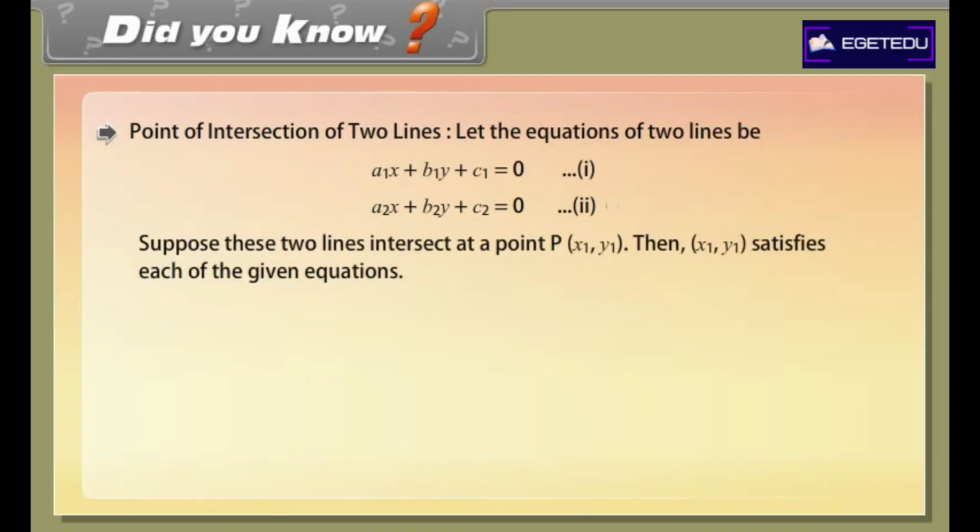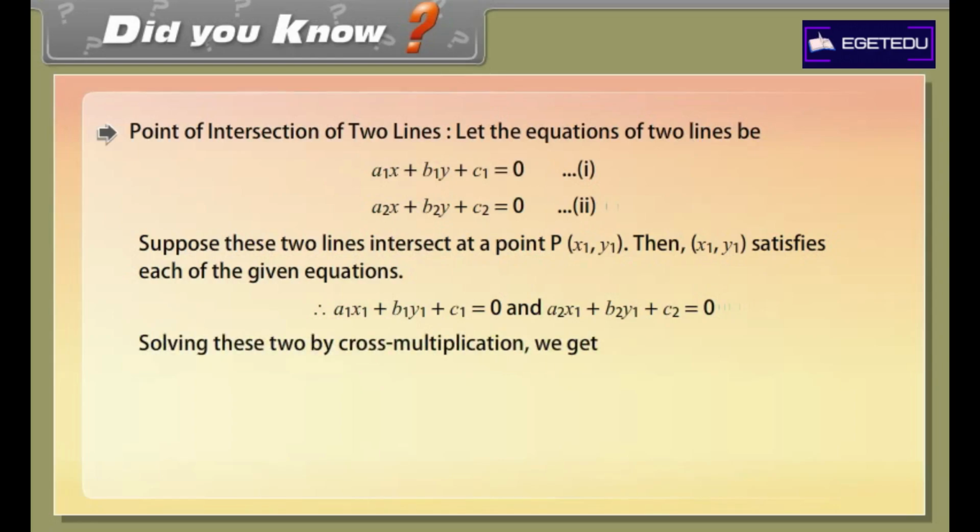Suppose these two lines intersect at a point P (x1, y1). Then x1, y1 satisfies each of the given equations. Therefore, a1x1 plus b1y1 plus c1 is equal to 0 and a2x1 plus b2y1 plus c2 is equal to 0.